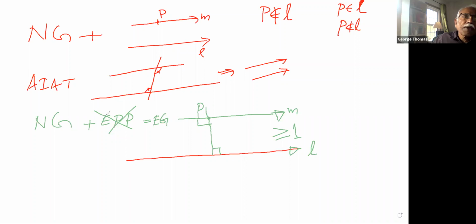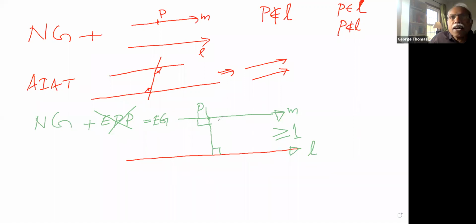If you don't have EPP, you leave open the possibility of having more than one parallel through P. Agreed? Yes. Now, it is difficult to imagine how you can have two parallels to L through P.